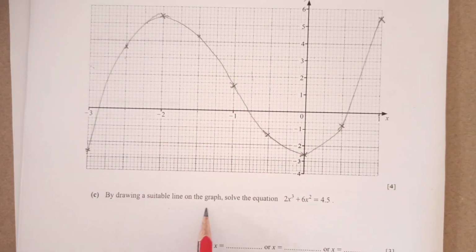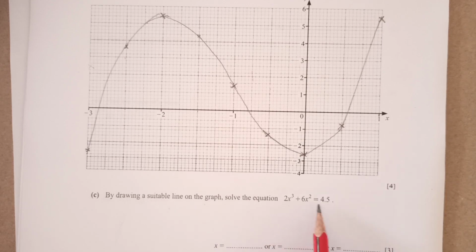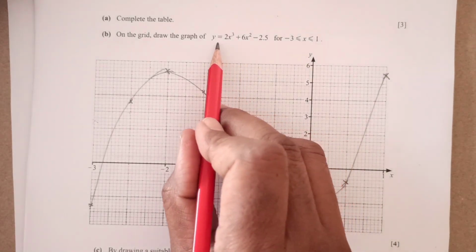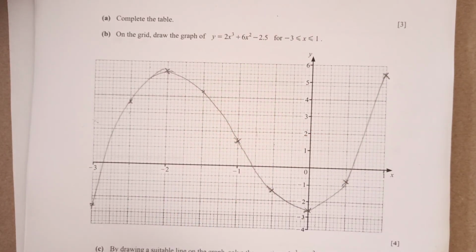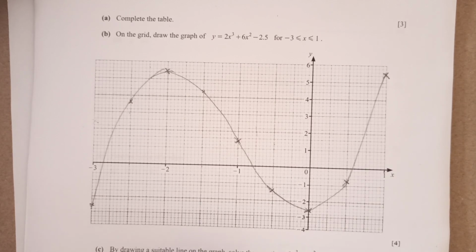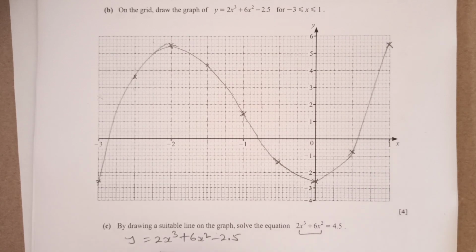Now by drawing a suitable line on the graph, solve this equation. Now as you know this is y here, right? So y is 2x cubed plus 6x squared minus 2.5, and we are looking for this value. Just shift it to the other side.